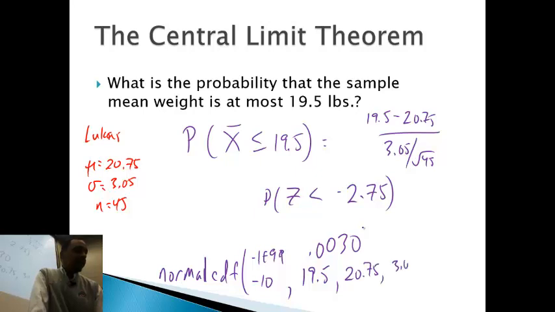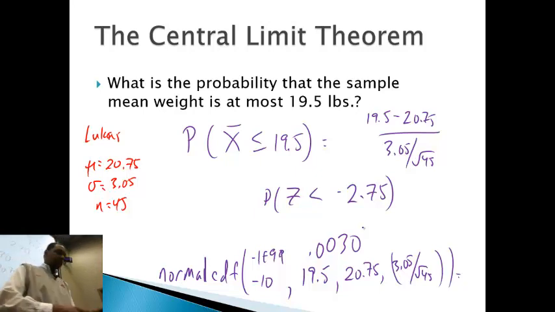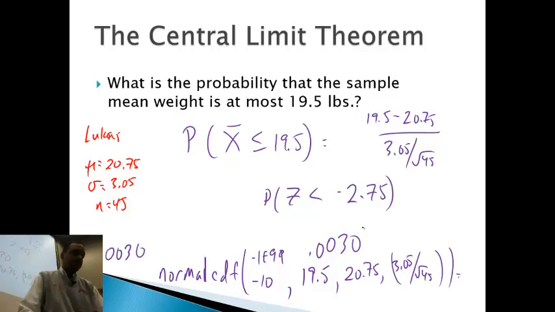And then you have 3.05 radical 45. 0.003, I guess. I get 0.0029, but 0.003, I guess you could say, is the answer there.